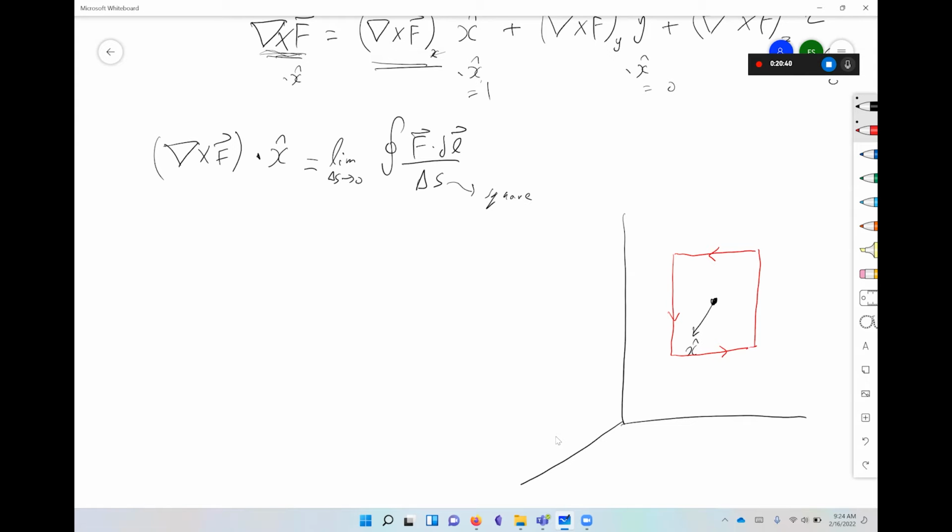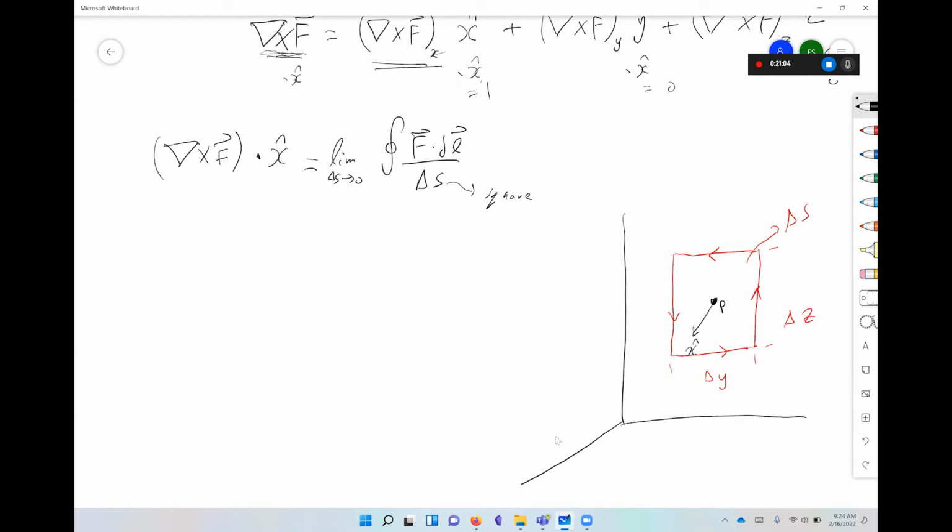This is the contour, this is delta s. The distance from here to here is delta y. The distance from here to here is delta z. So this is the area normal to the x hat vector at that point, at point P, and this is an infinitesimal area.